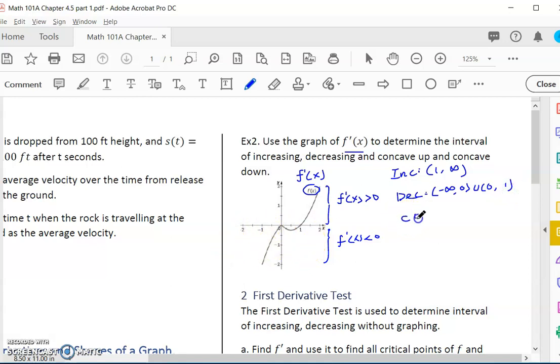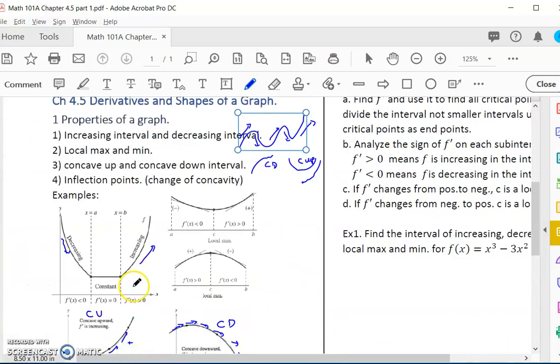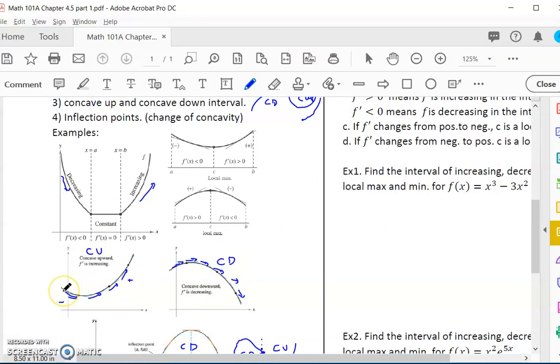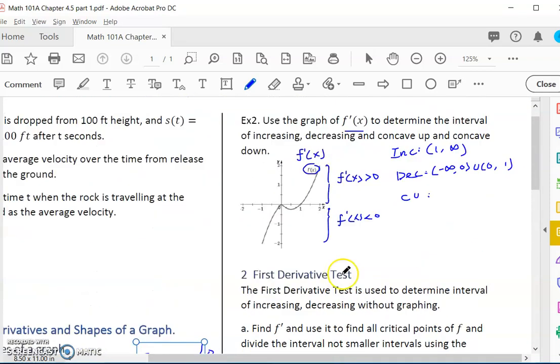What about concave up? Concave up is when, look back at the picture, your slope is getting higher and higher. You have an increasing slope. Increasing slope means this graph has an increasing slope.